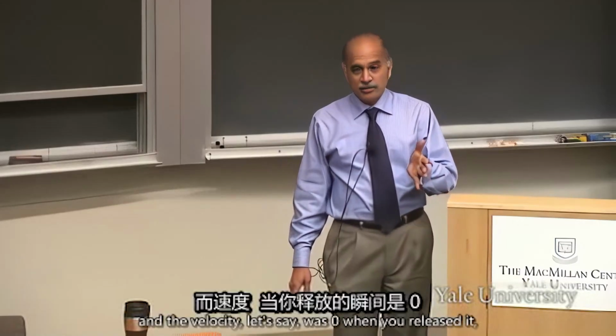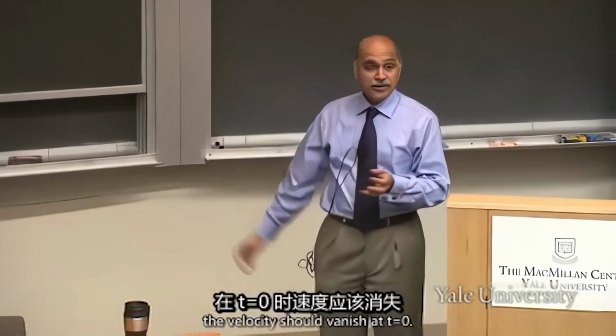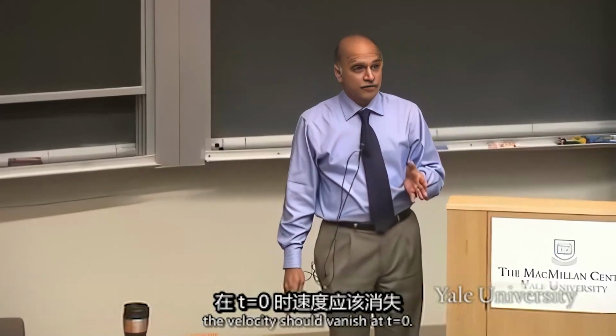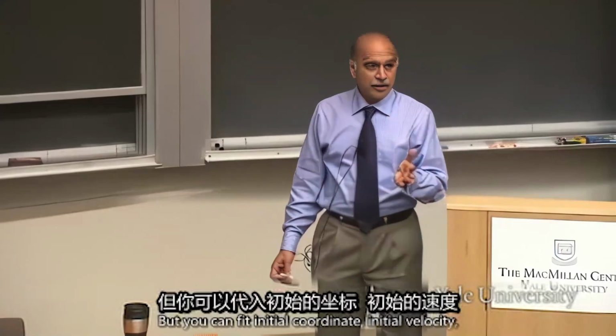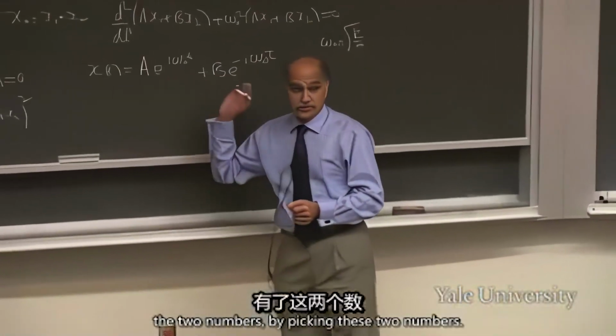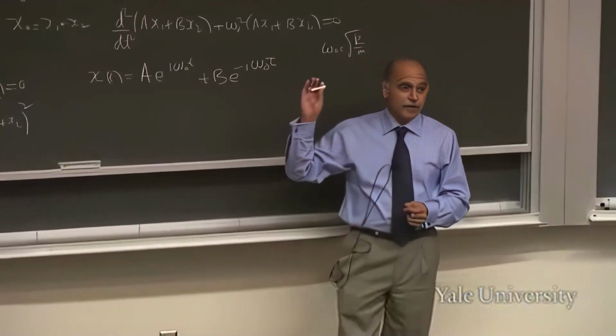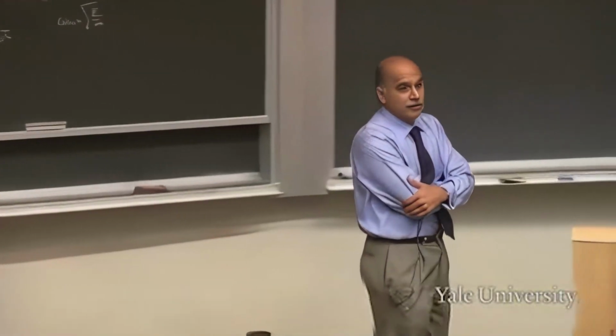And the velocity, let's say, was 0 when you released it. So when you take the derivative of this, the velocity should vanish at t equal to 0. Or maybe it'll have some other velocity. But you can fit initial coordinate, initial velocity, the two numbers by picking these two numbers. You understand that? But that's not enough. I got another problem.